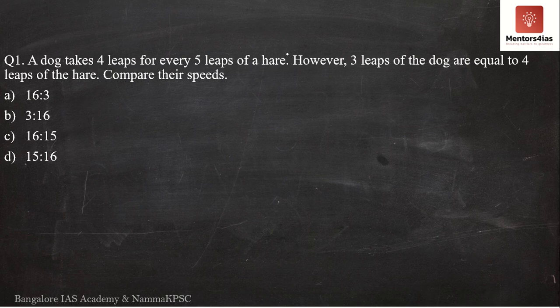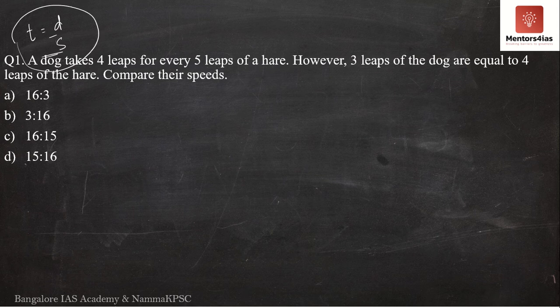Now, this being the fifth video on time, speed and distance, I hope that you are able to understand the relationship between time, speed and distance, how these three variables are related to each other and how twisted questions can be solved if you understand this.